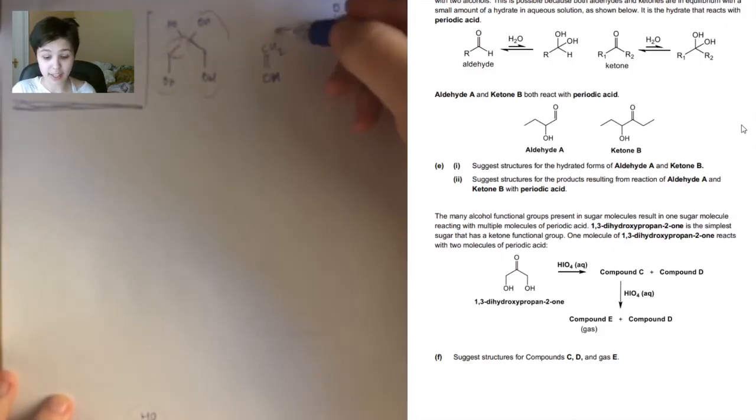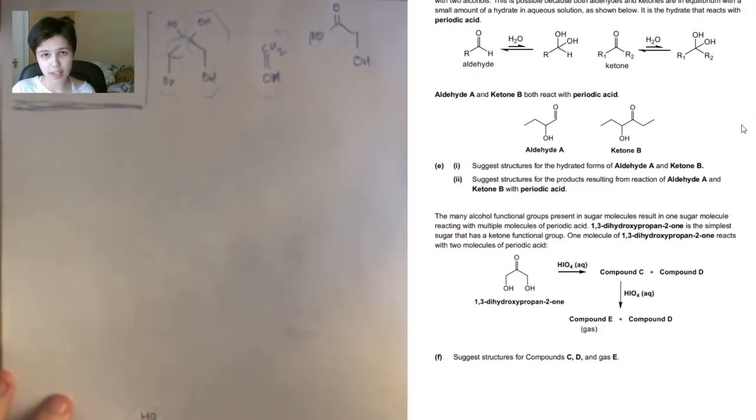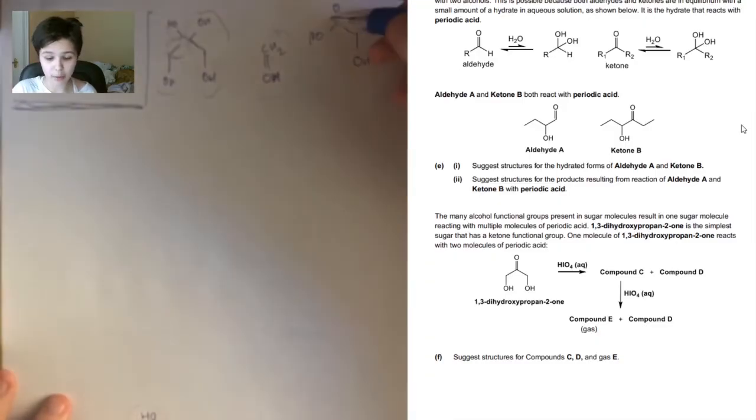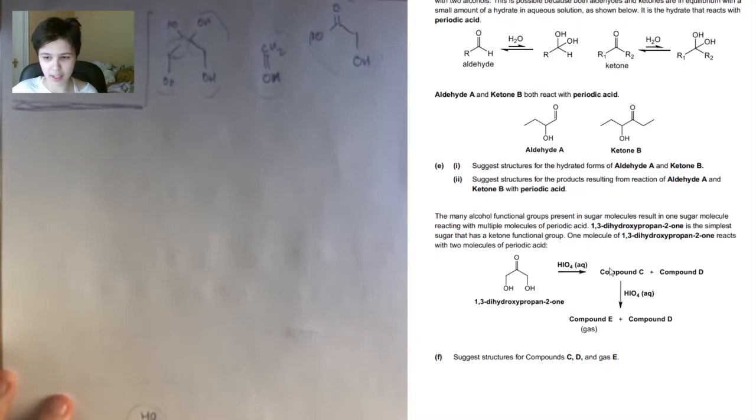Now I'm going to assume that this is going to be D because it doesn't react further, or at least I can't see how it will react further, and this is going to be C because it does indeed have two adjacent alcohols, and so it can react with this thing.